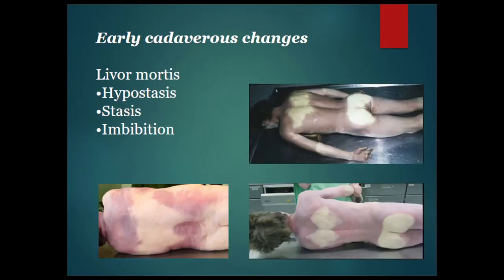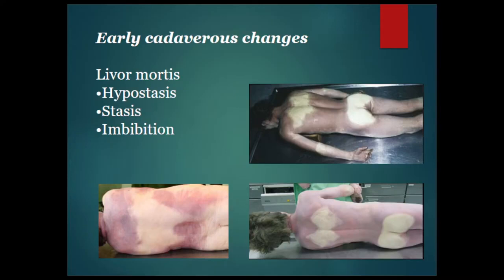In this picture, you see the so-called cadaverous lividity, one of the best-known early cadaverous changes. It is the accumulation of blood in the lower-lying portions of the body. When blood circulation stops, liquid blood, due to gravity, goes downwards.